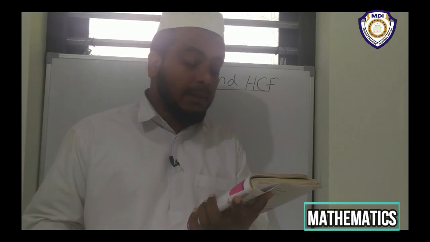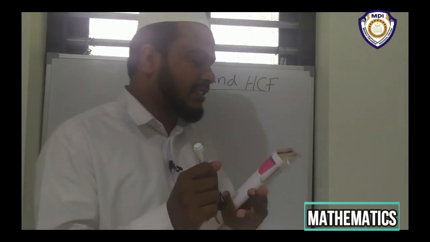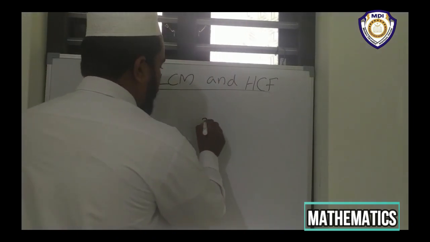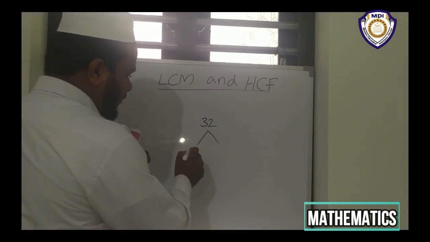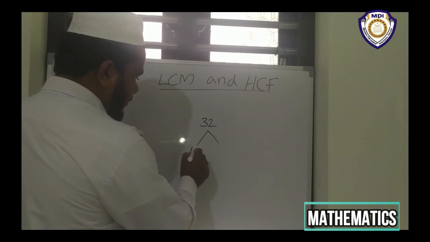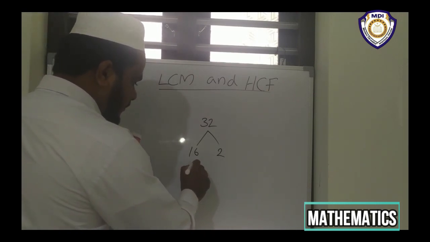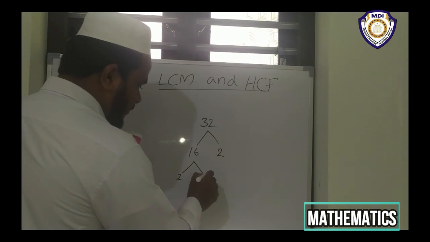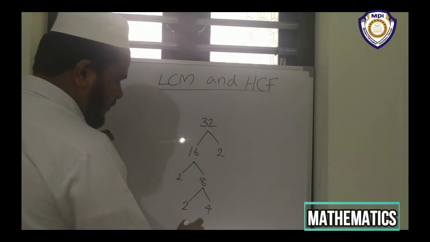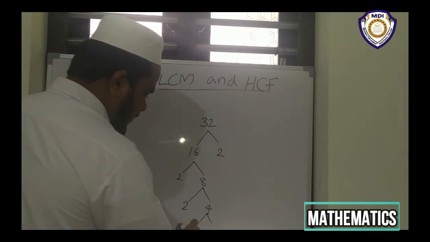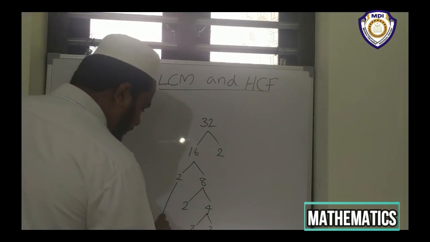Okay, second question, find the prime factors of the following numbers using the factor tree. We have studied factor tree. Example, first question, 32. Factor tree. This is the factor tree.